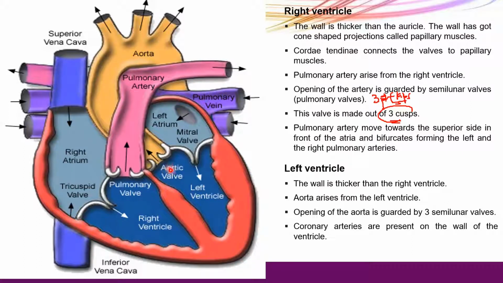Then you can look at this aorta. It branches off into different arteries, right? The arteries supplying the muscles of the heart also come out from the aorta, and they supply the wall of the ventricle as well, right? So this much about the left ventricle.